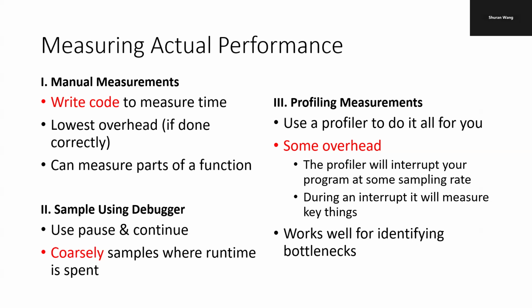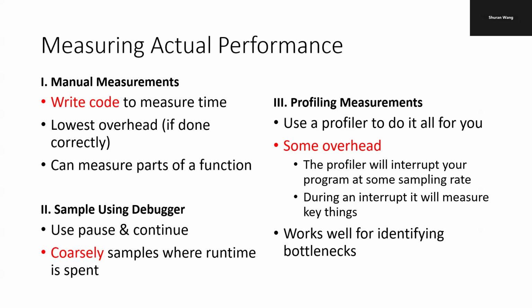This coarsely samples where runtime is spent, and the more you stop in a single function, the more time is spent in that single function. But this is also restricted because human reaction is clearly slower than how fast the program runs.